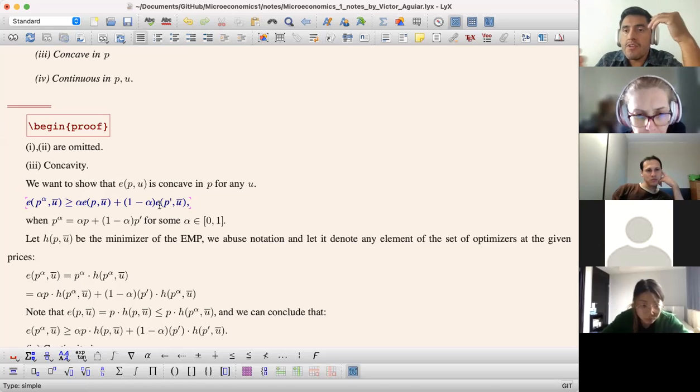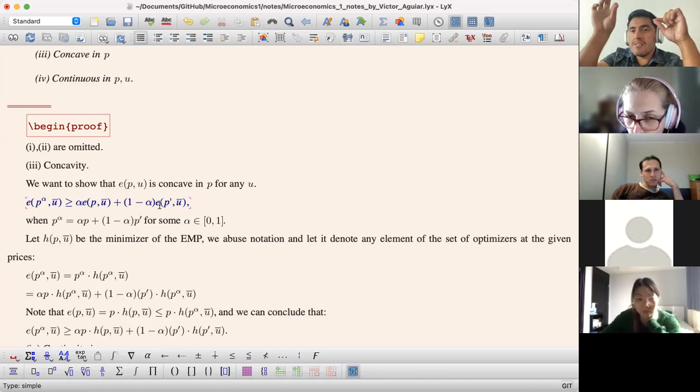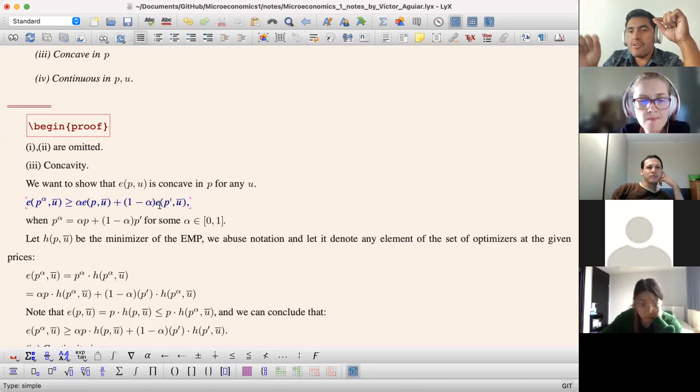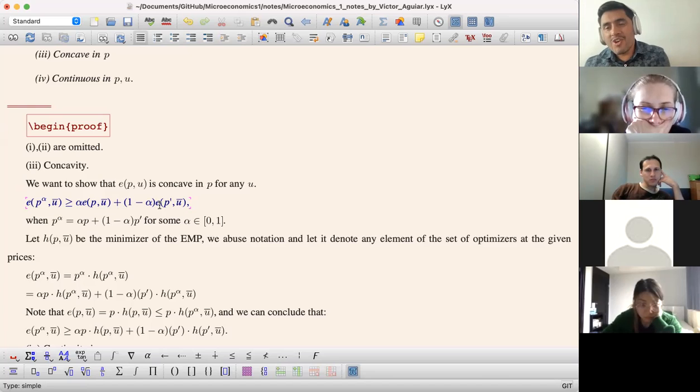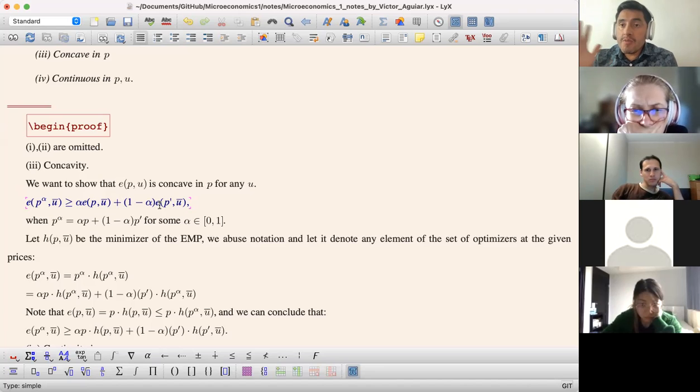So again, the geometric intuition for one dimension is that this is a mountain, right? If you take the convex combination of two prices, then this is going to be above the others. Of course, I'm not going to rely on that, because then you would always think only of the one-dimensional case. Let's see the definition, because we're dealing with multiple dimensions.